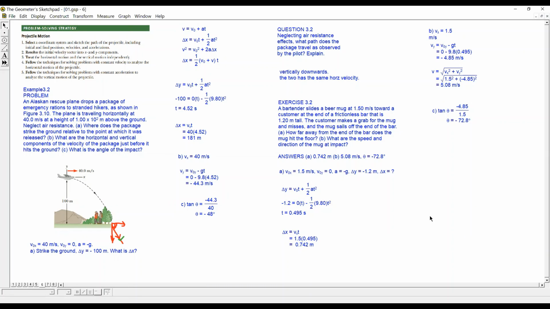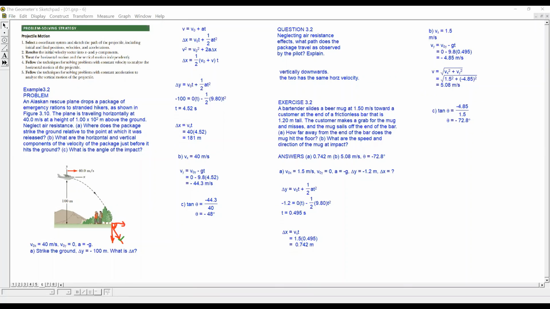Okay, so far any question about this projectile? In the textbook, we are doing this projectile, and after this projectile, it is relative velocity.